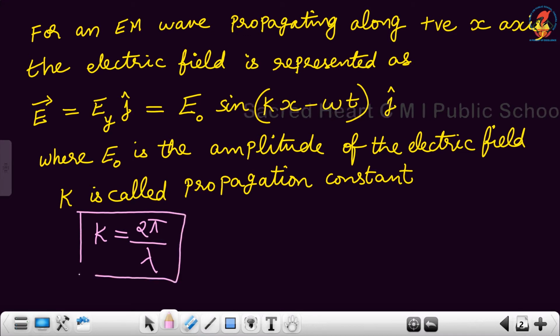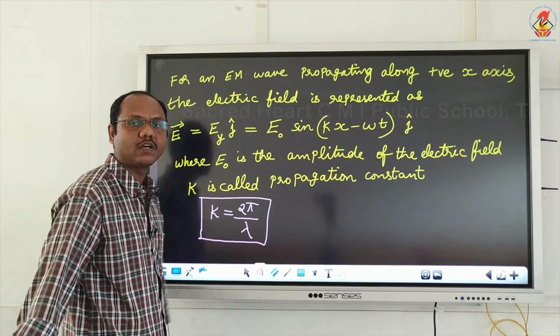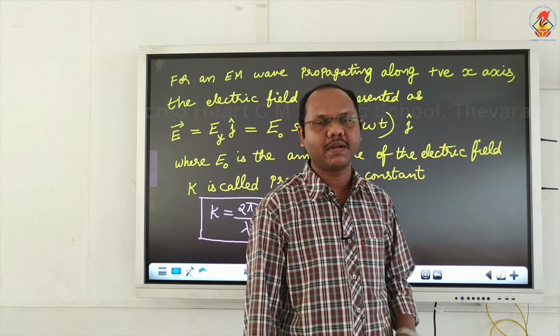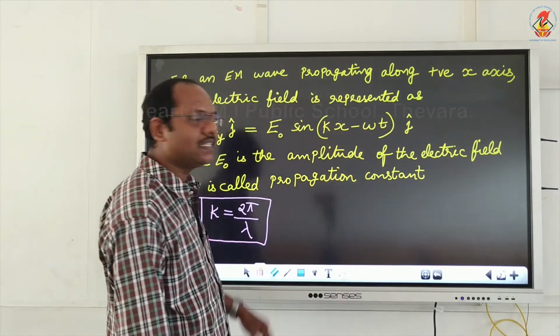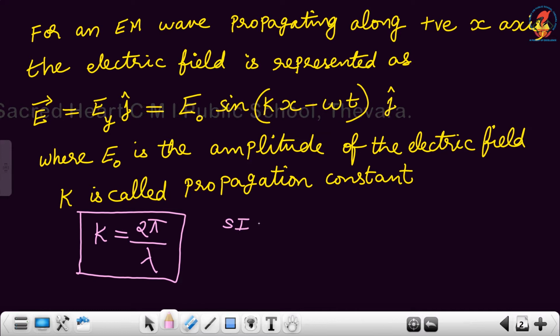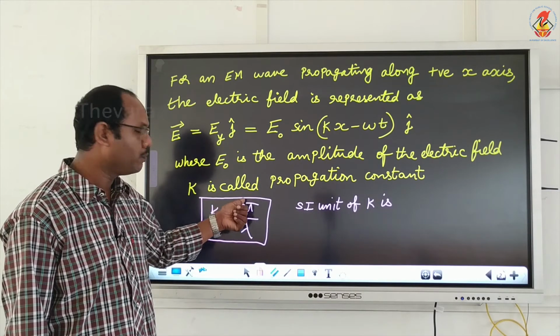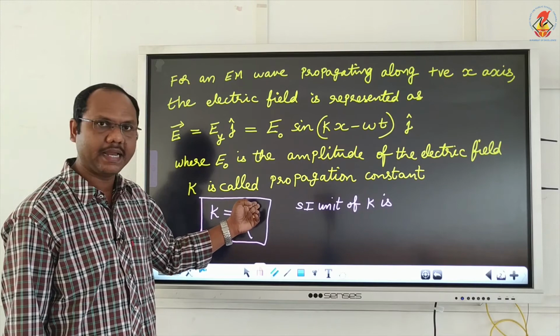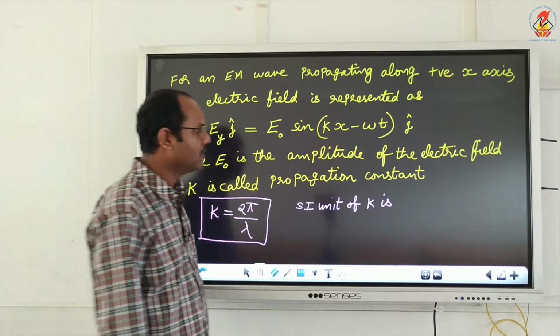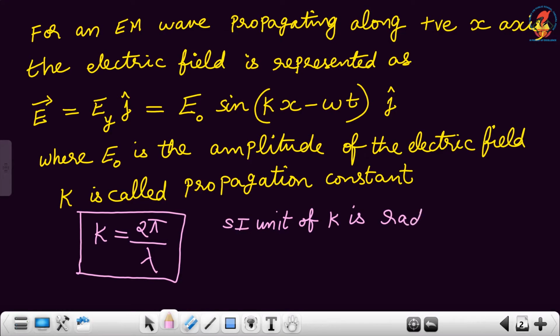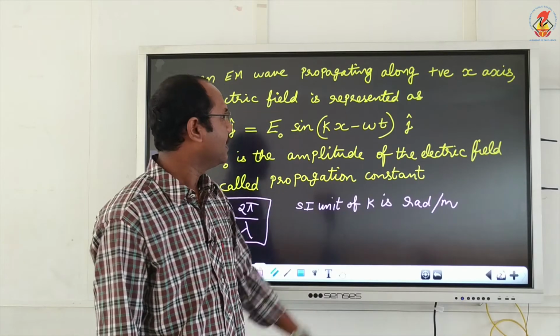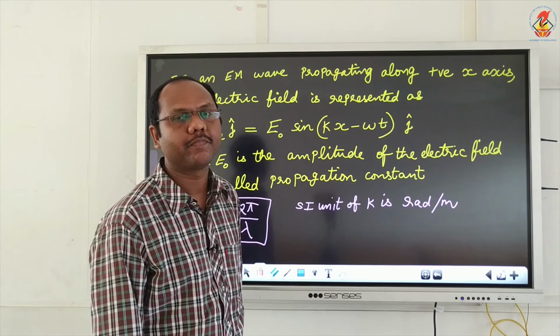This is the expression for K, where lambda is the wavelength. So, what is the SI unit of K? K is 2 pi by lambda, so the numerator is in radians and lambda is in meters. So, I can write radians per meter. Okay, that is K.